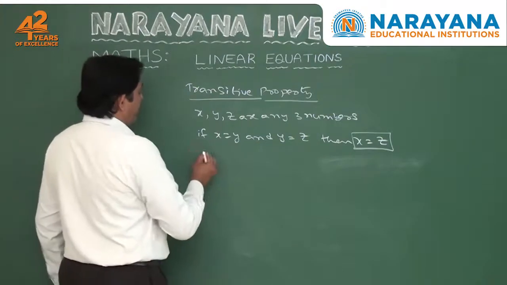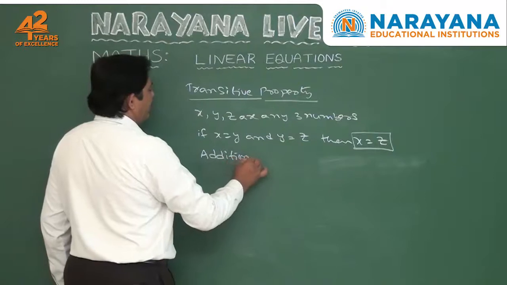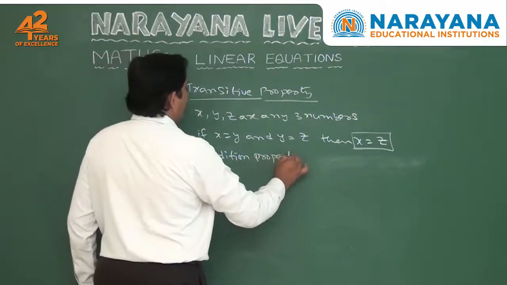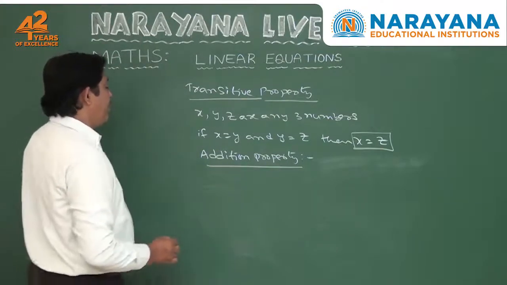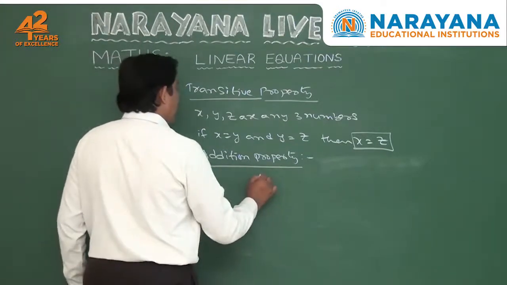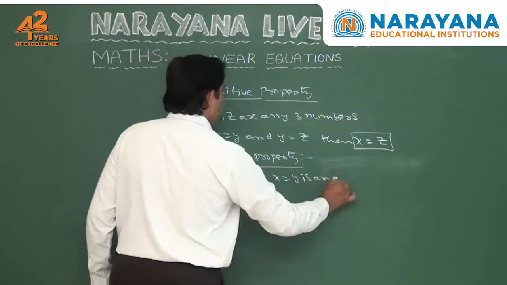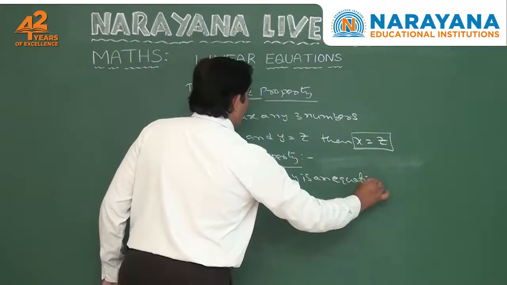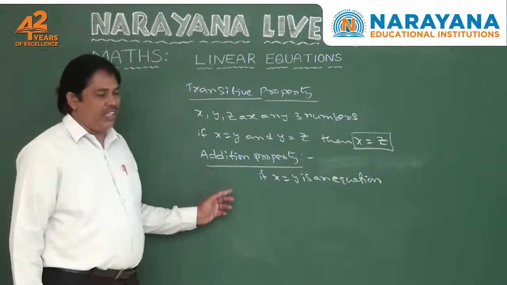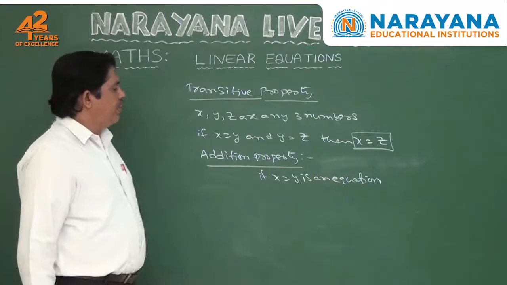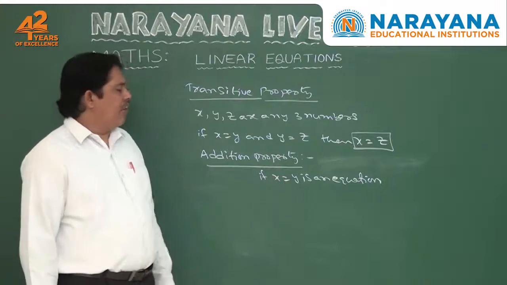Coming to the next property, that is the addition property. For example, if x equal to y is an equation and we add one number z to both sides of the equality, then the value of the equality is unaltered.